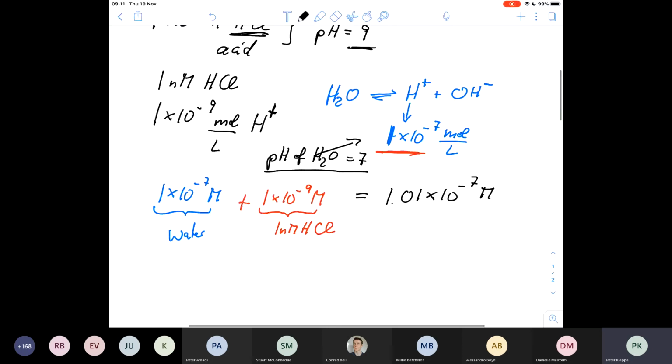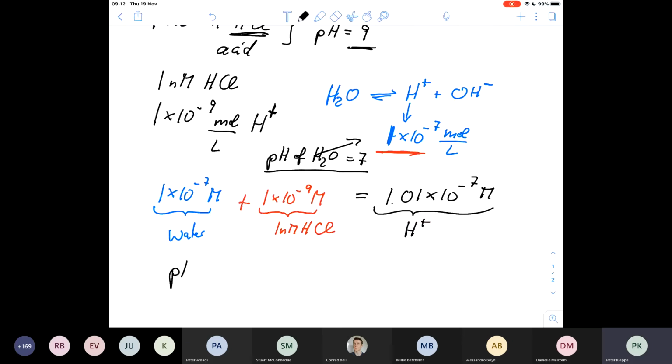So therefore, the pH of pure water is 7, and our proton concentration is 1.01 times 10 to the minus 7 molar.